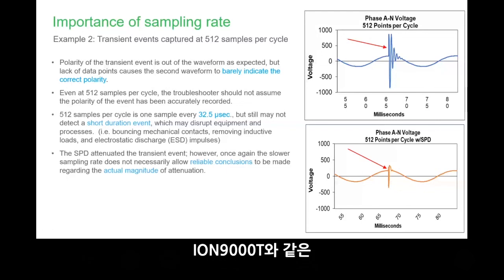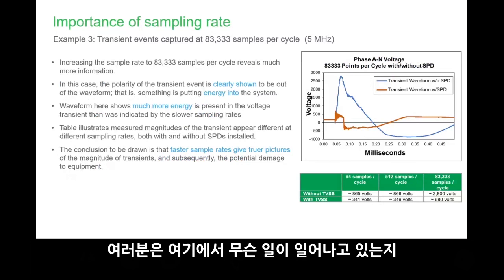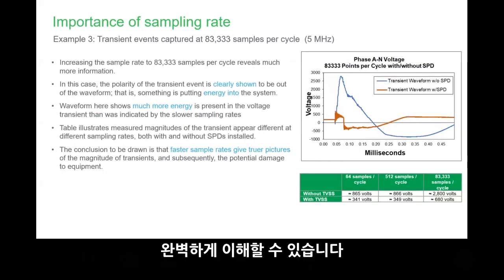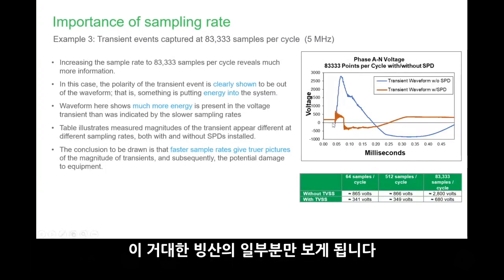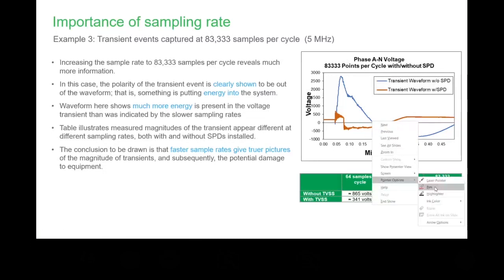If you have the Class A transient dedicated type of power quality meter like the ION 9000T, you are able to see the full picture of what is going on over there. Just imagine 64 samples per cycle, you only see the tip of the iceberg. A simple phenomenon, let me just use the pen here.